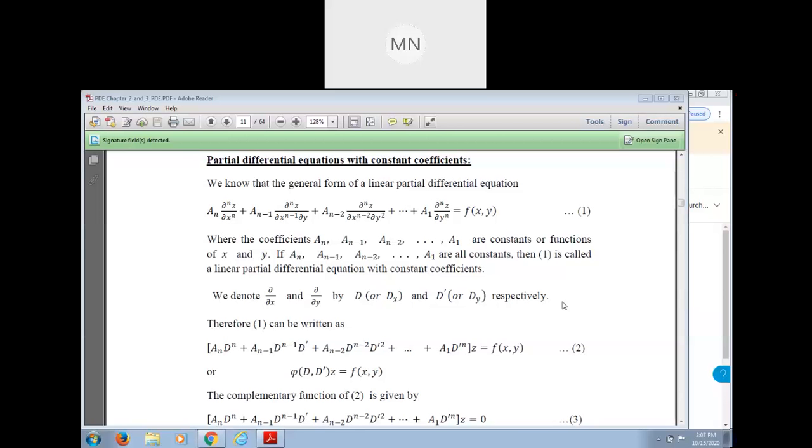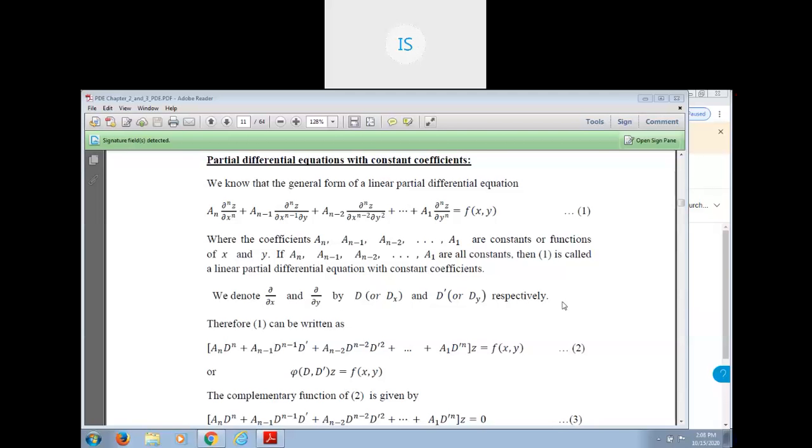Or suppose it is written as this one: 5 del z by del x plus 6 del z by del y plus z equals 0. Now tell me, is it first order or second order?